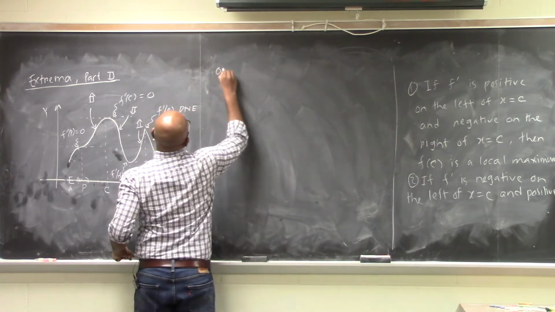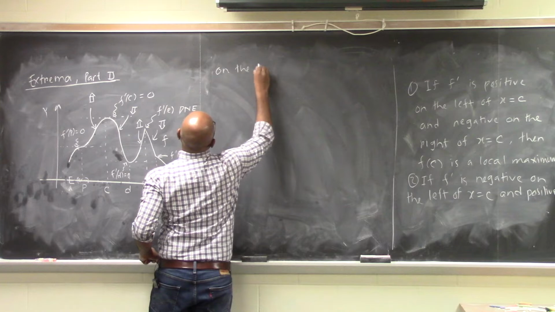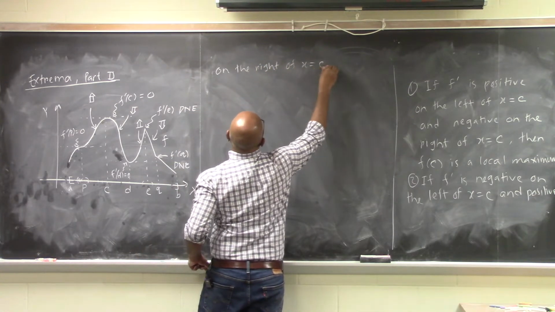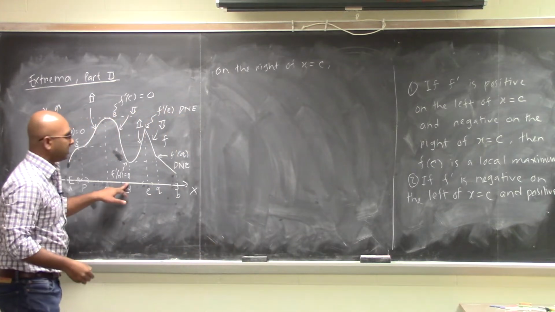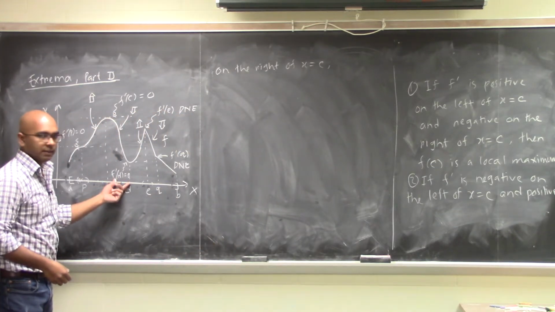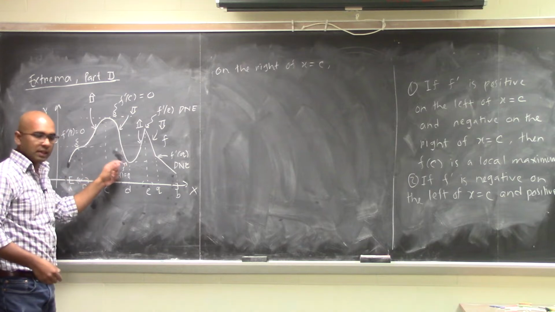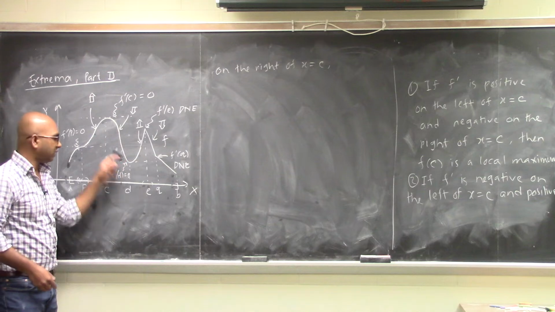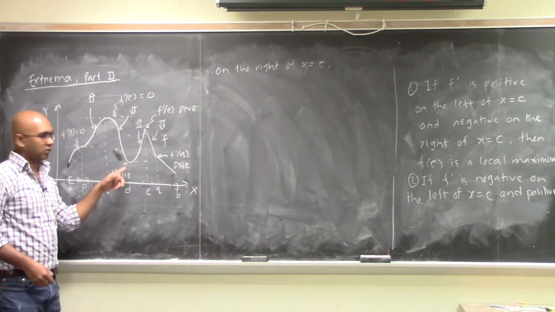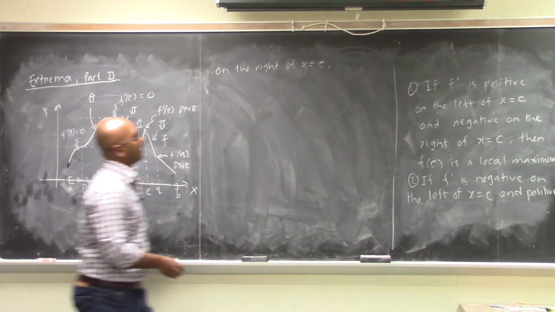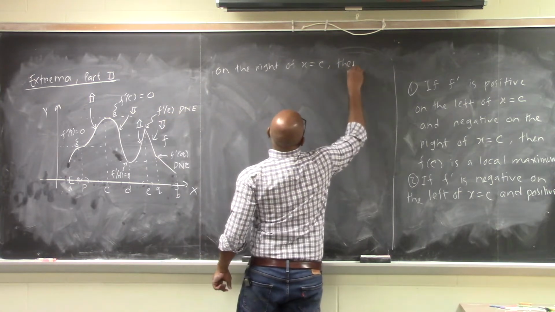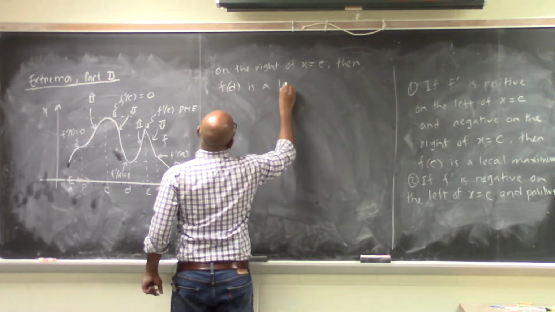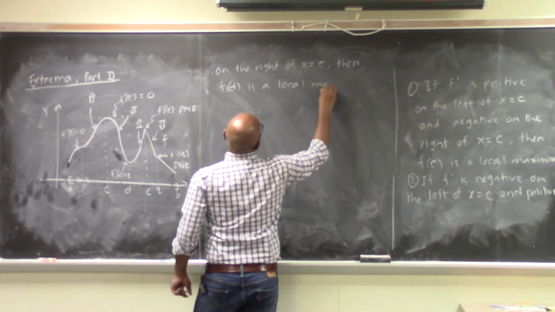On the left side f prime is negative, that's why the function is strictly decreasing. On the right side f prime is positive, that's why the function is strictly increasing. So it's from decreasing to increasing. So at D it has a local minimum. Then f of D is a local minimum.